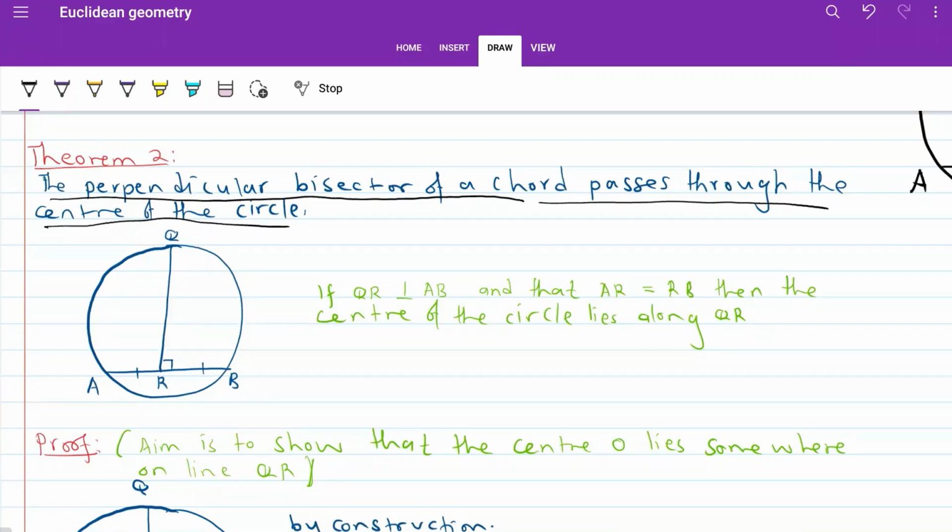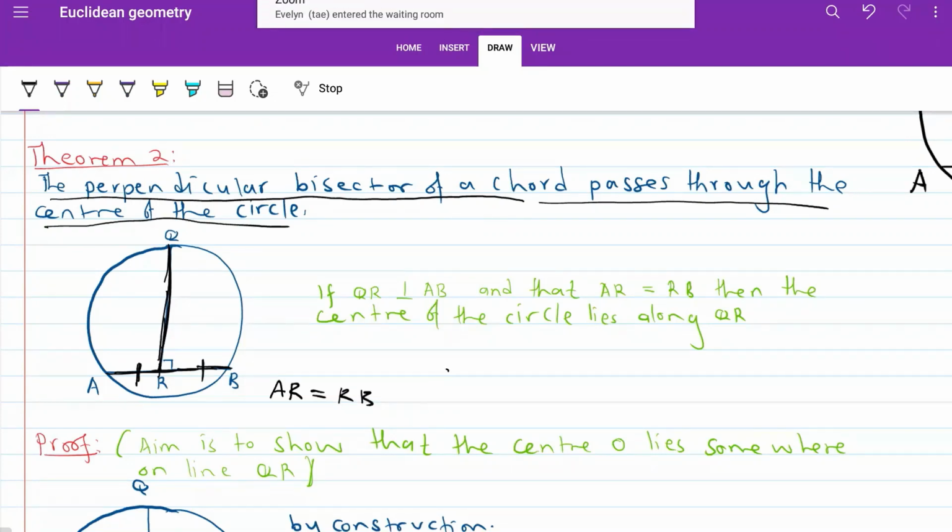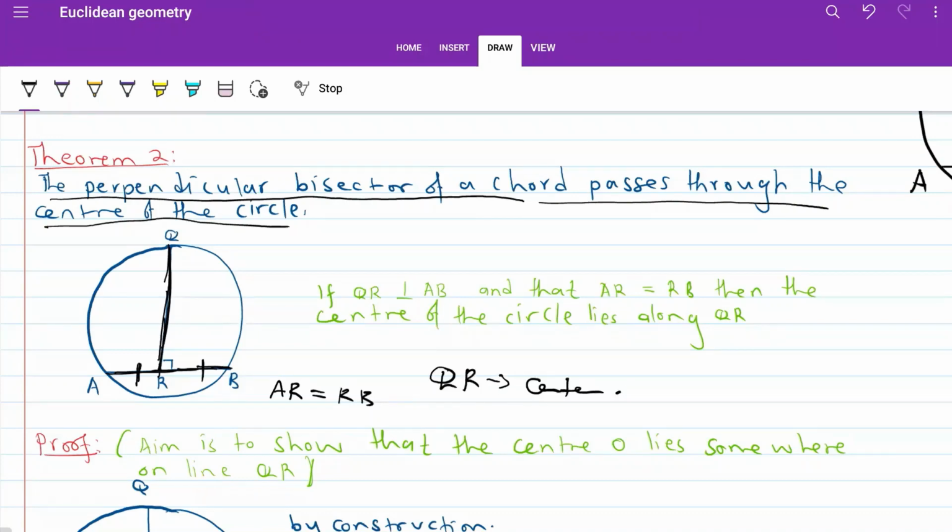So if you have a line, for instance, our line QR that is perpendicular to our chord AB, and it is bisecting the chord, meaning it is dividing it into two halves, where AR equals RB, that simply means that our line QR should indeed be passing through the center of the circle.